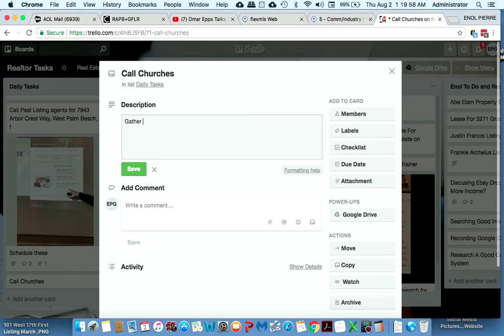Gather list of churches in Palm Beach and separate them by the county. Palm Beach, Broward, Miami-Dade County.